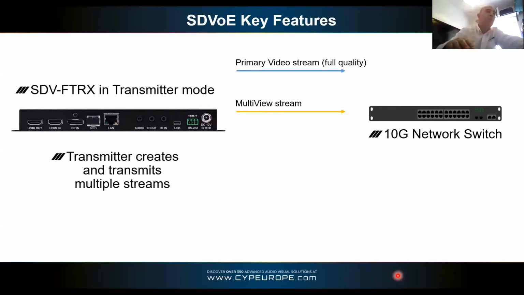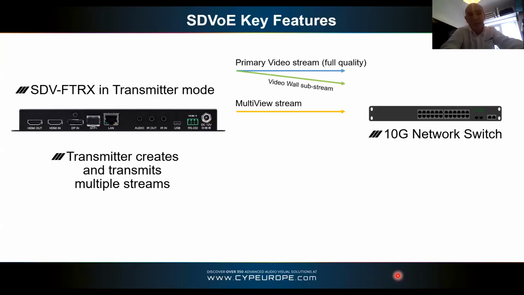If you've got the screen split into 16 segments and the overall frame is a 1080p frame, then each window is a 720p individual picture inside it, and that is created by the transmitter. So the transmitter creates that substream at the same time. And then you will have a video wall substream.